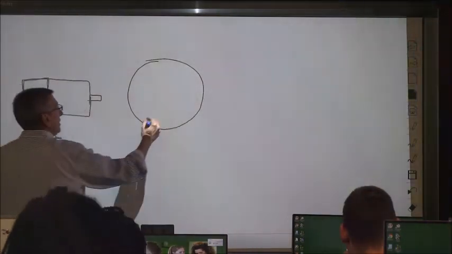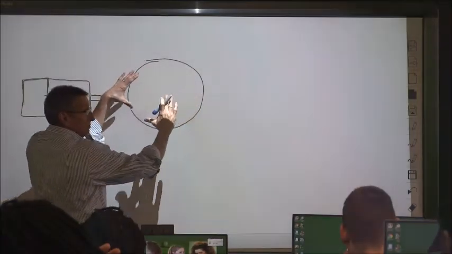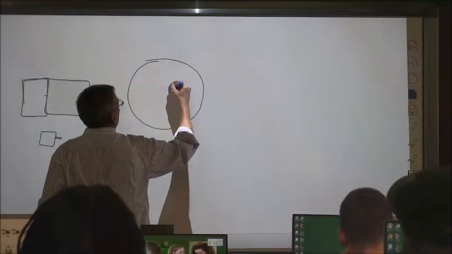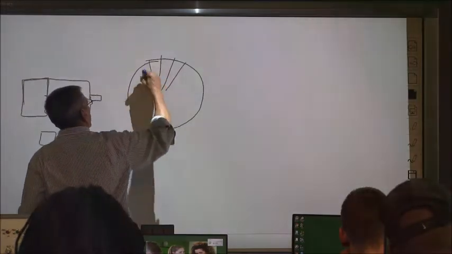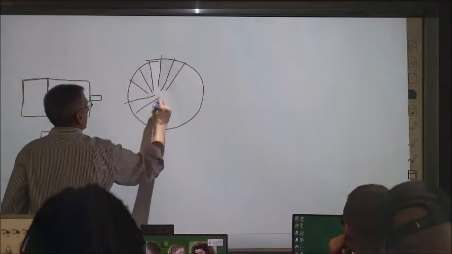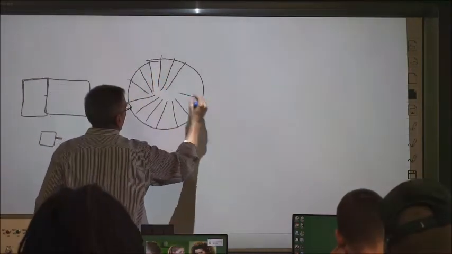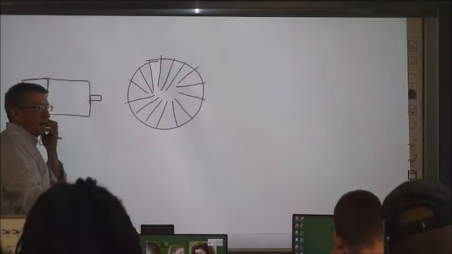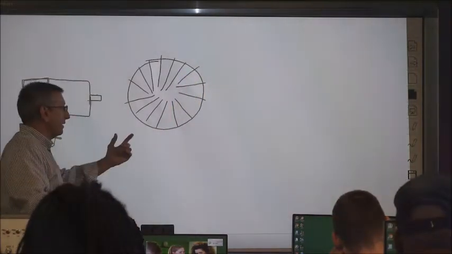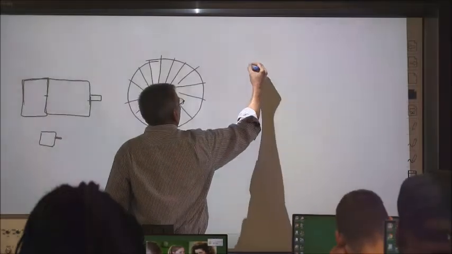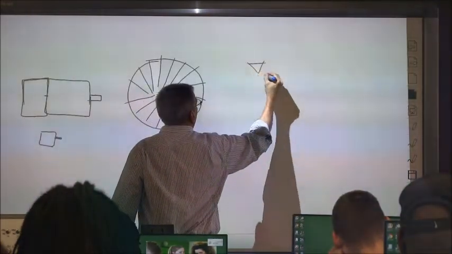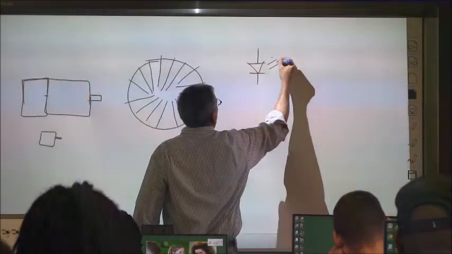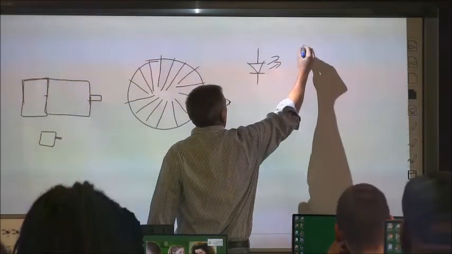Inside this thing there's a round glass disc. It's got a bunch of lines on it like this. And it's got some photo optics inside this thing. It's got an LED and then a photo transistor.